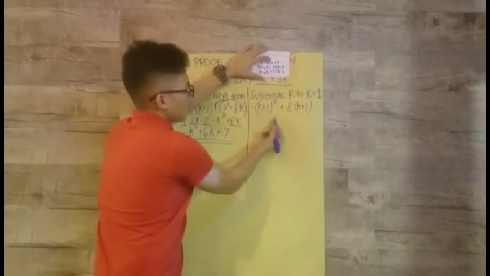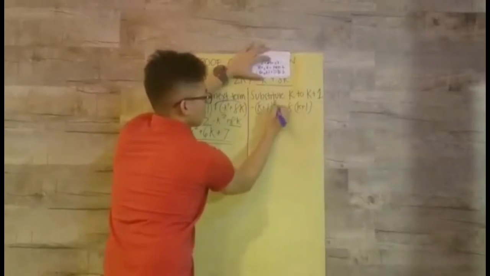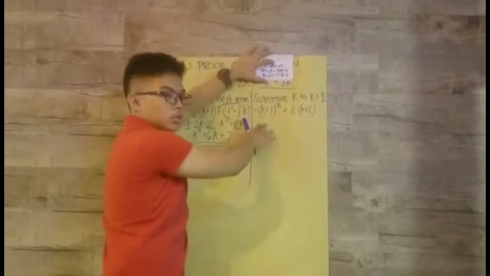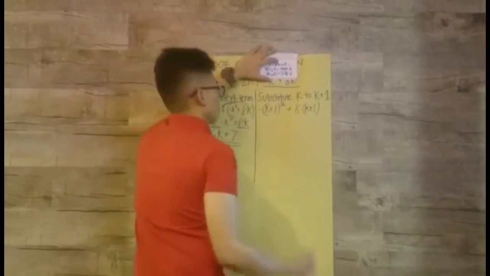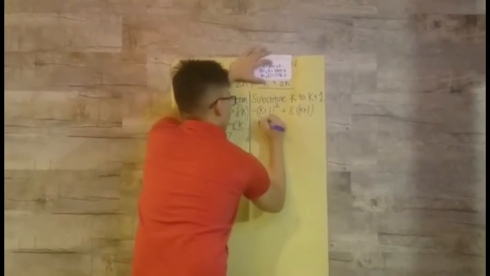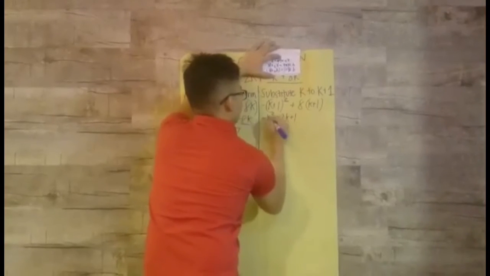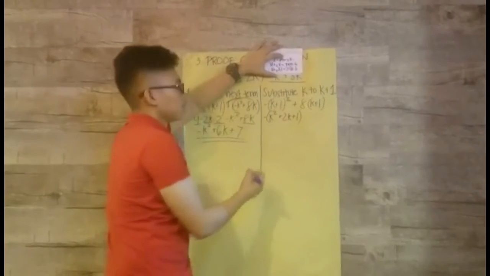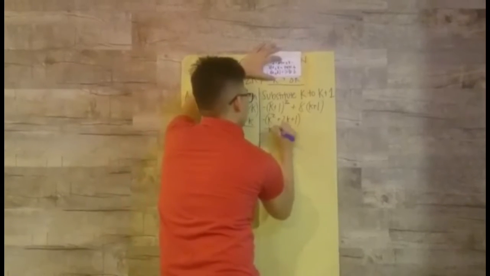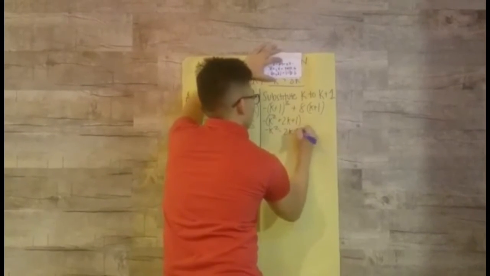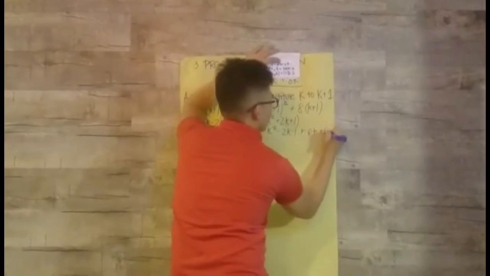In this particular equation, you must first square the expression because of the rule of PEMDAS. Exponent first. So, k squared plus 2k plus 1. Now distribute the negative. So, negative k squared, negative 2k, negative 1 plus 8k plus 8.